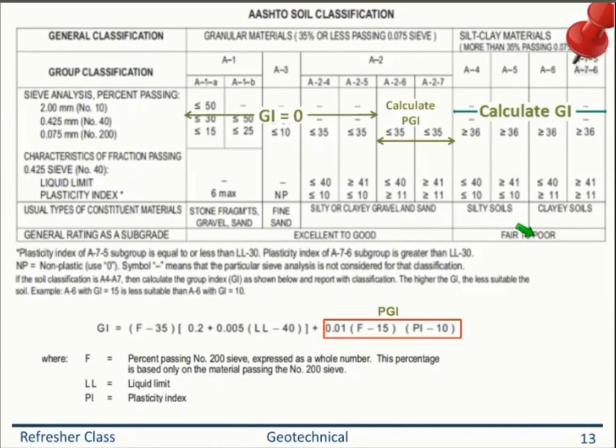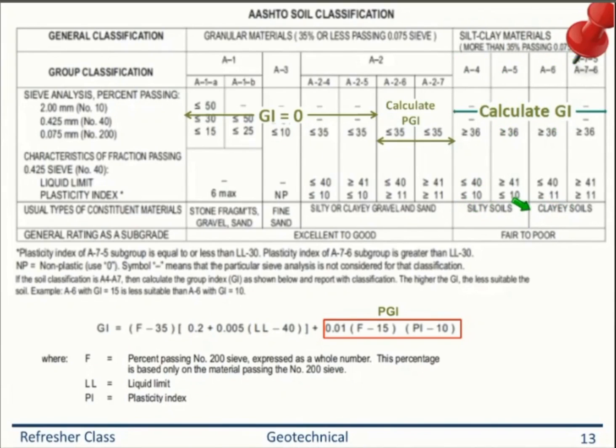You may have to improve the quality of the soil. You need to do some ground improvement or soil modification to improve the properties of the soil to be used as a subgrade material for the pavement. Usually A-4 and A-5 are silty soils, and A-6 and A-7 are clayey soils. These are not good materials.